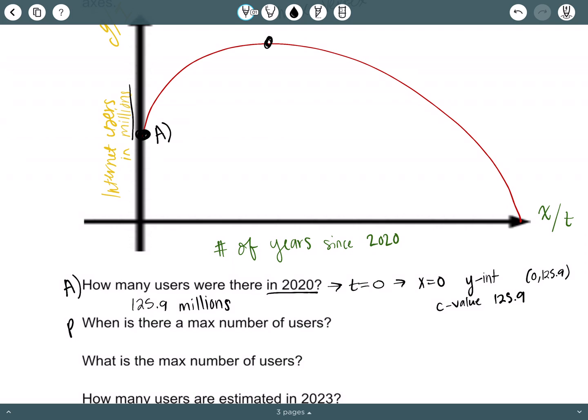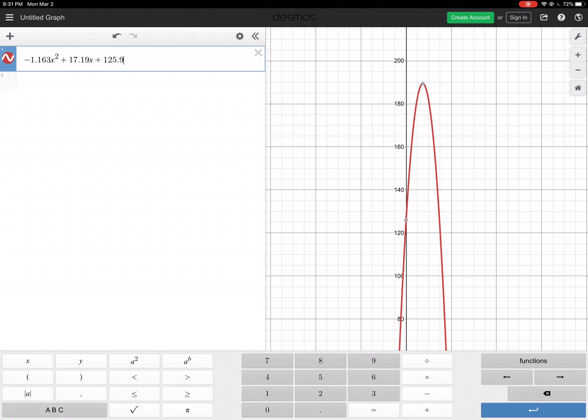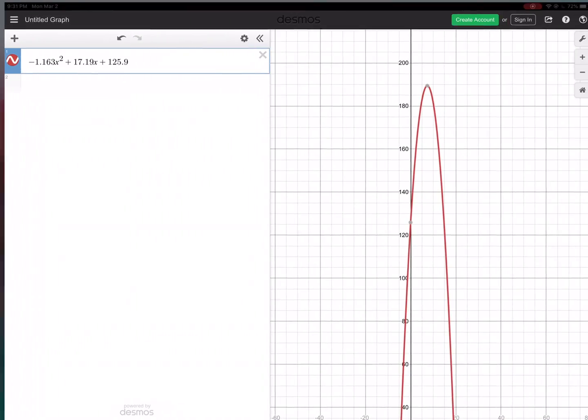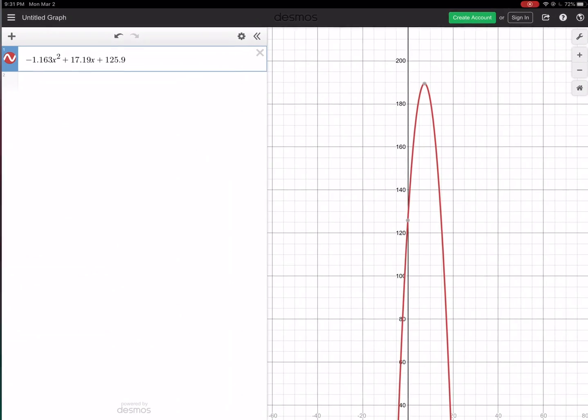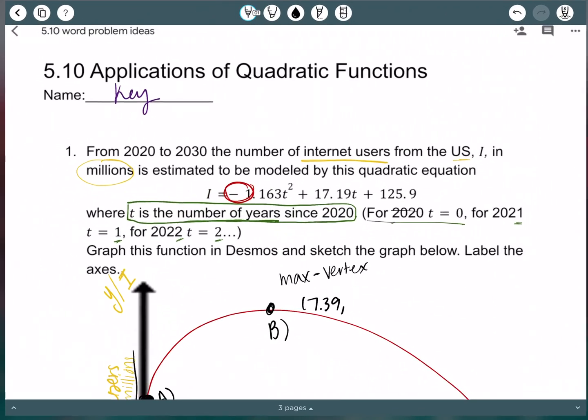Part B says when. When means what is the x value? Is there a maximum number of users? So that's looking at this point right here, this max value. Again, I can use Desmos to find my max value. It tells me that it is 7.39, comma 189.4.